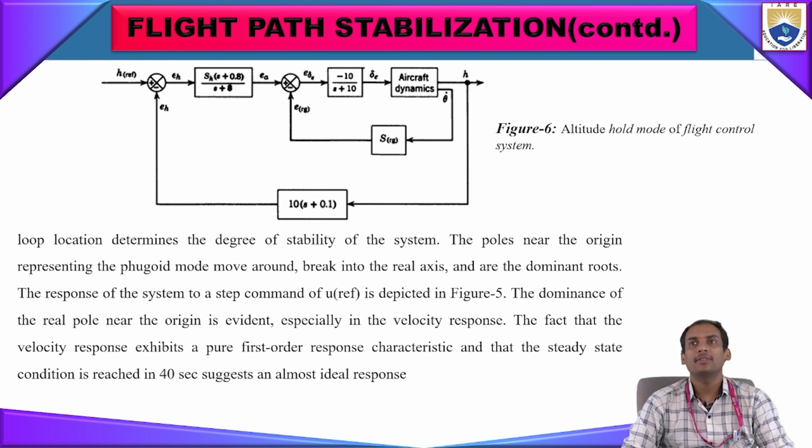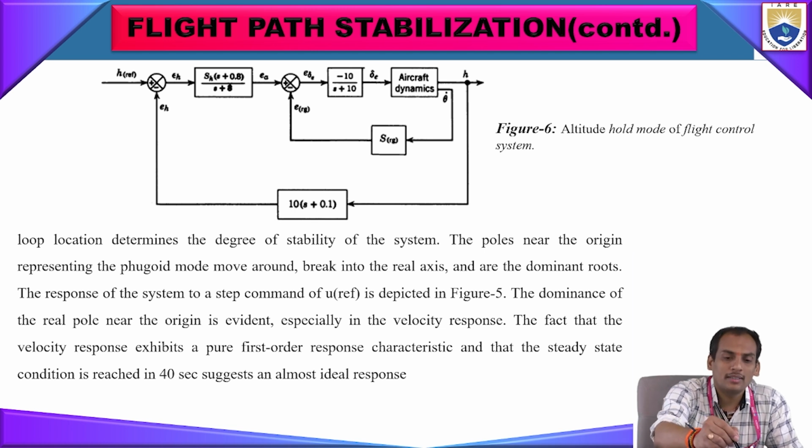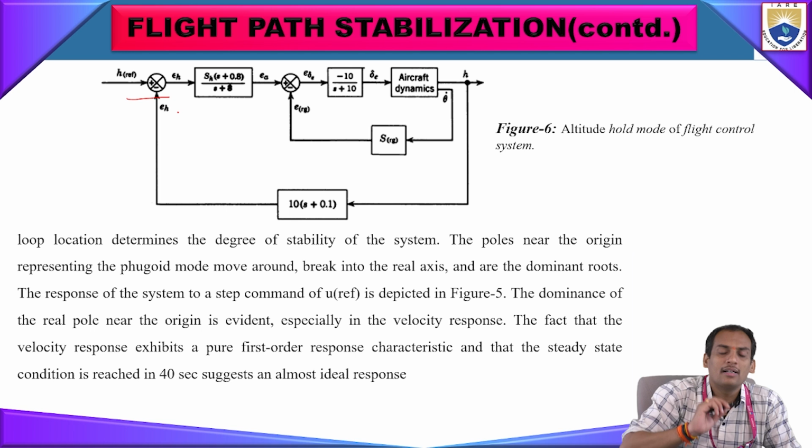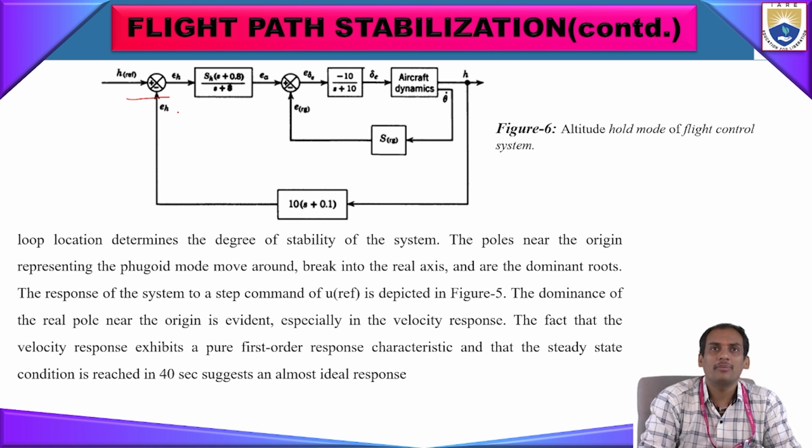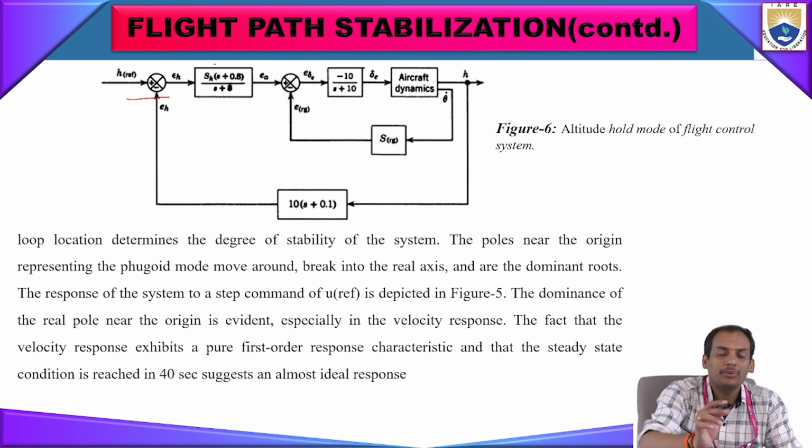So here you see the altitude hold mode of the control system. Previously we discussed the Mach hold control system, and now it is the altitude mode control system. Here the reference value is given as an input to the summing amplifier. From there the input goes to the transfer function, and after that there is one inner loop.